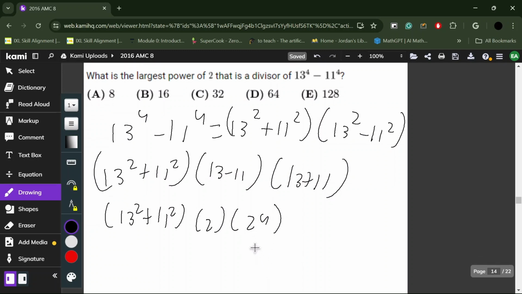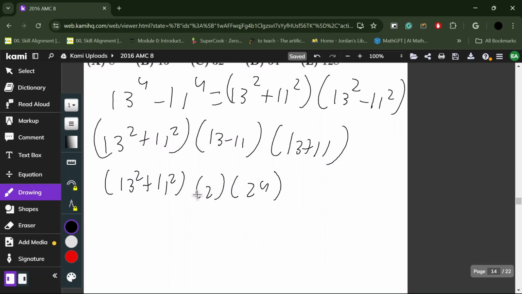So from this, we can figure out that this is 169 plus 121, which is 290. So we get 290 multiplied by 2 multiplied by 24.